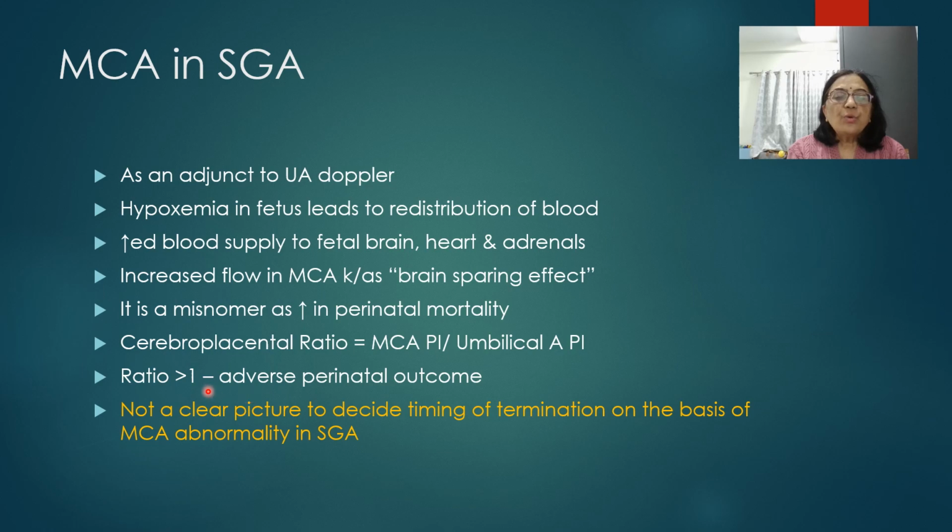Whenever this ratio is more than 1, it is associated with adverse perinatal outcome. What we need to remember is that the middle cerebral artery pulsatility index is not giving us a clear picture, and it is not helping much in deciding the timing of termination in patients of small for gestational age.